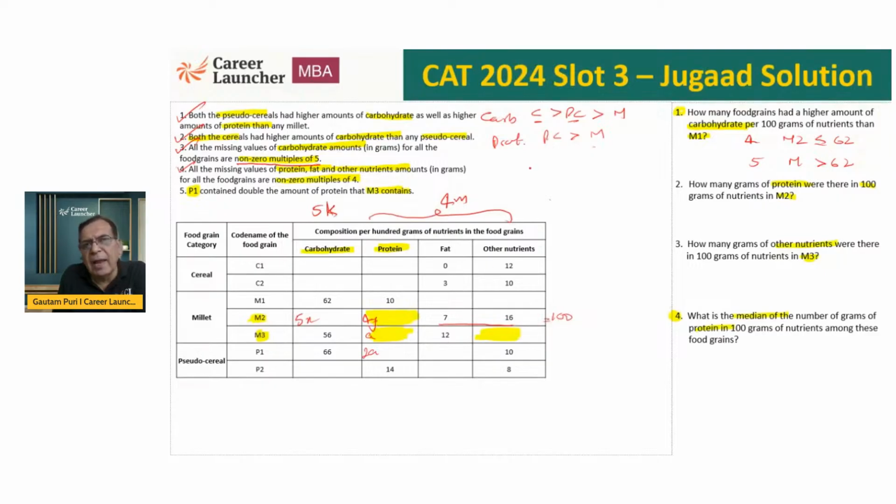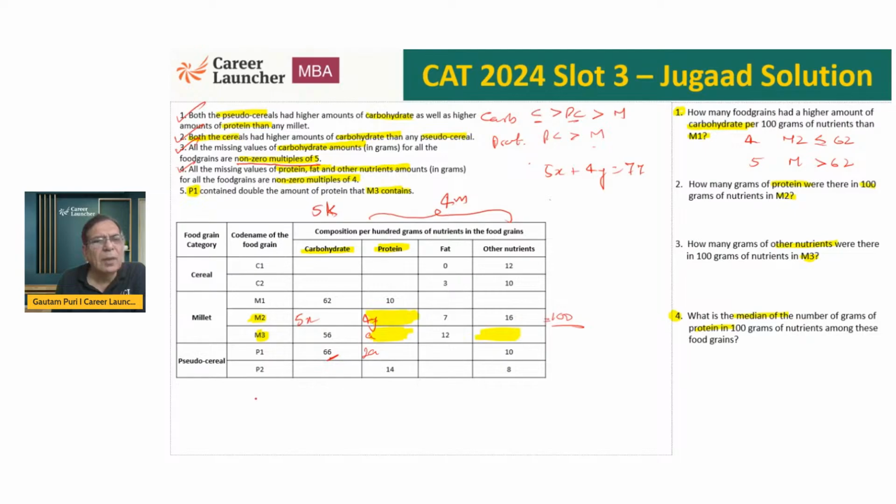So 5x plus 4y should be equal to 77. Why 77? 100 minus 23. So here 5x plus 4y has to be 77. Now, please tell me, can 5x be more than 66?